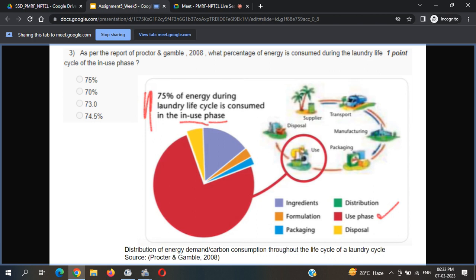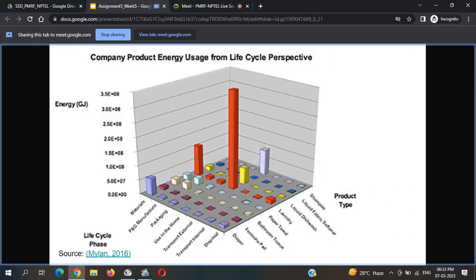I could not find this exact study for you, but I found another study which is done by another academic. This is for energy uses from a life cycle perspective for different products.